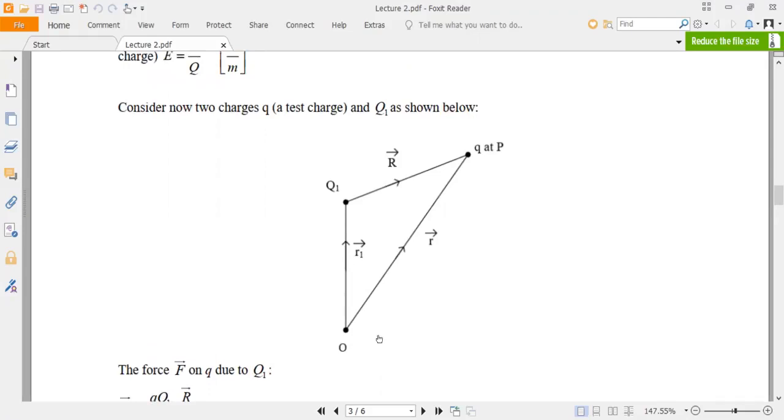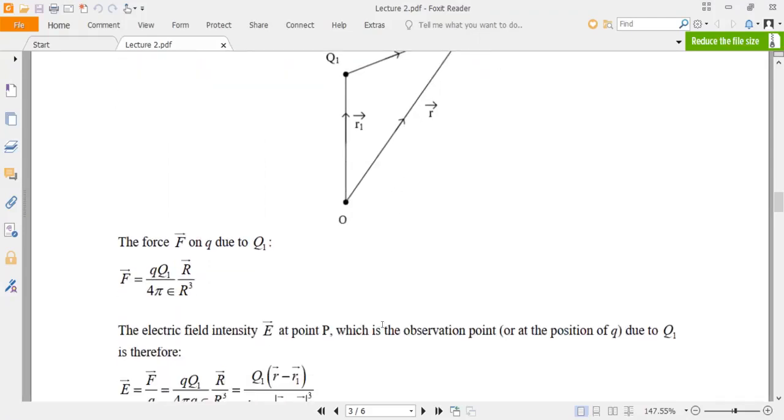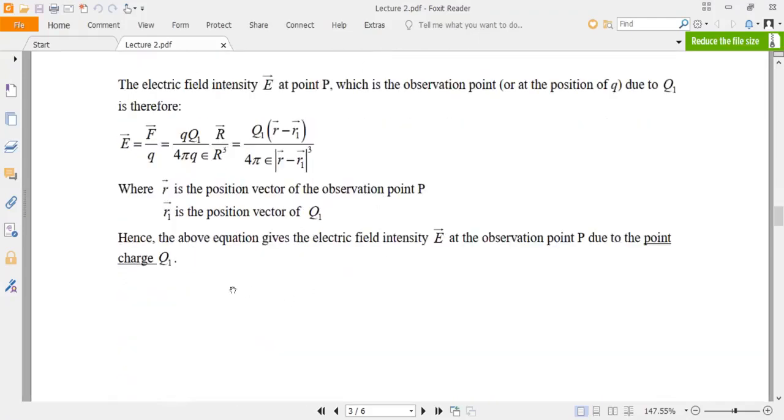Now remember one thing: electric field intensity is always caused by the existence of a charge in the free space. So it is something like this. Think about the following. In a room, you have placed one charge, which is Q1, this one.